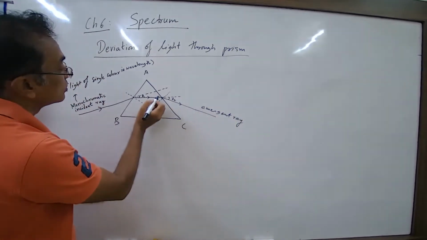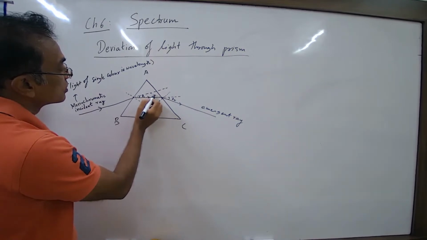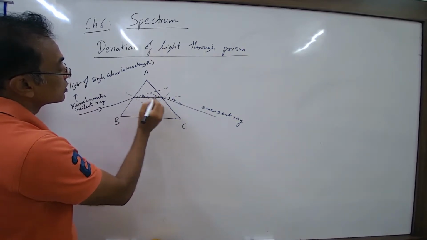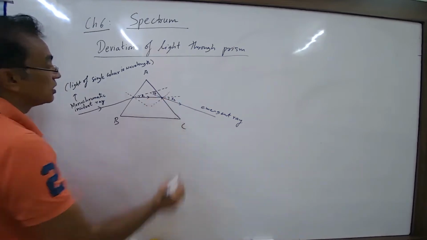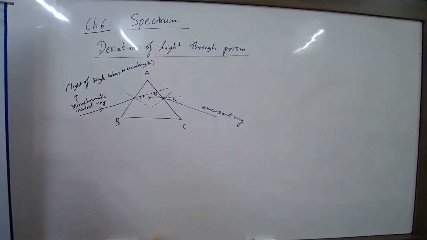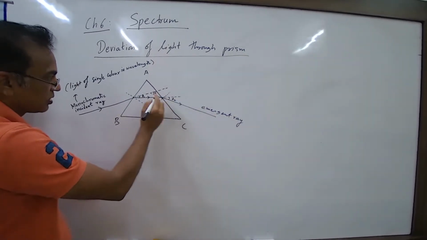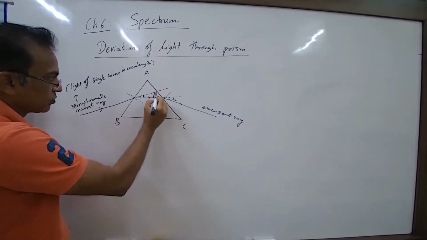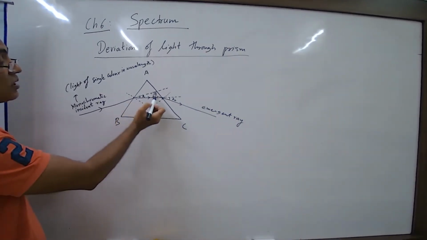Right. So you just extend it backward straight. Okay. So this angle is total deviation delta. Right. Now vertically opposite, if this is delta 2, this is also delta 2. Correct? So this angle is delta 1, this angle is delta 2.